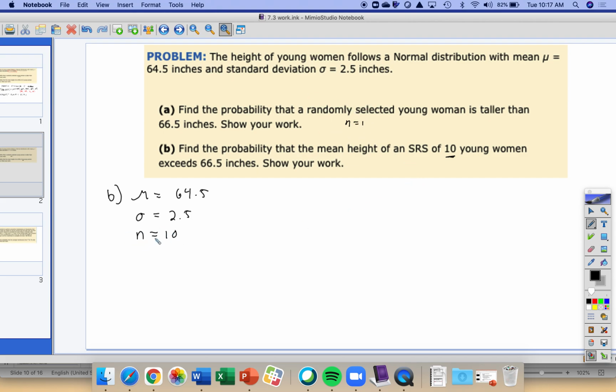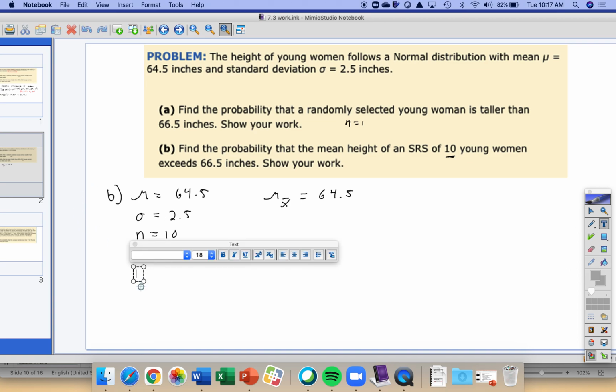So now that n is 10, I need to find the center of my sampling distribution. And the center of my sampling distribution, which is the mu sub x bar, is also going to be 64.5. Okay, now I need to find the standard deviation of my sampling distribution. However, in order for me to use the standard deviation formula, I have to check and write down the 10% rule.